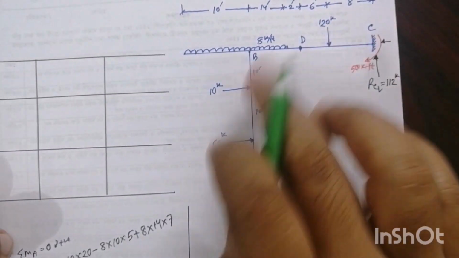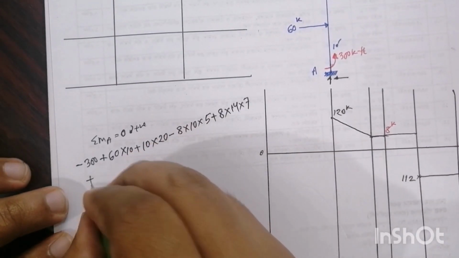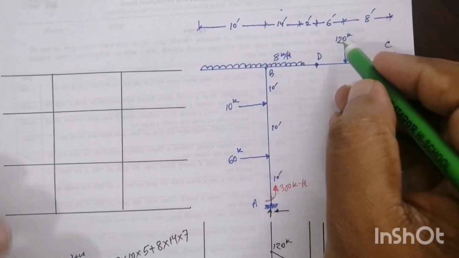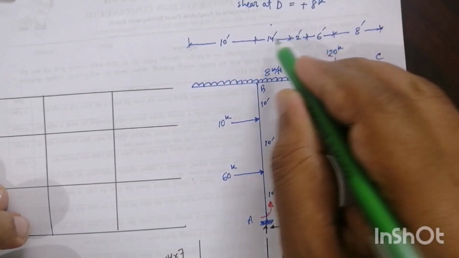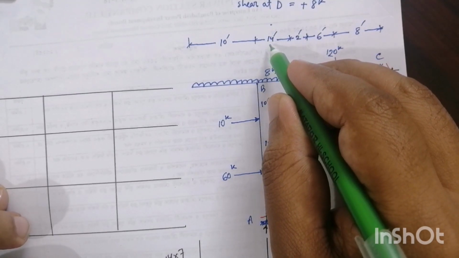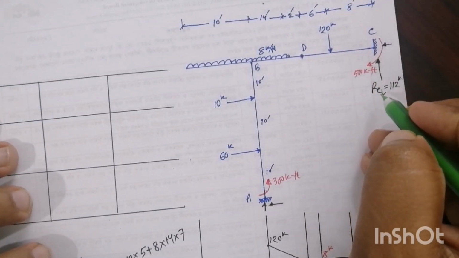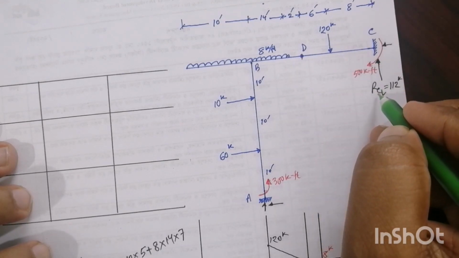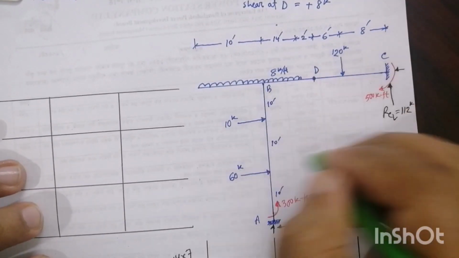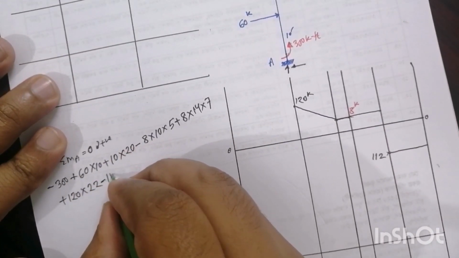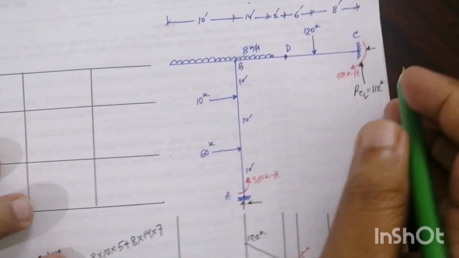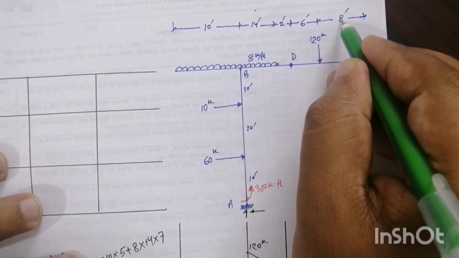Now this 120 is also clockwise, so positive, 120 into distance, 6 plus 2, 8, plus 14, 22. Now this vertical force 112 kip is also anti-clockwise, so minus 112 into the distance, 22 plus 8, that means 30.